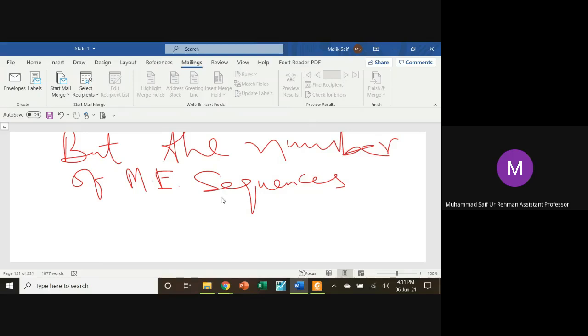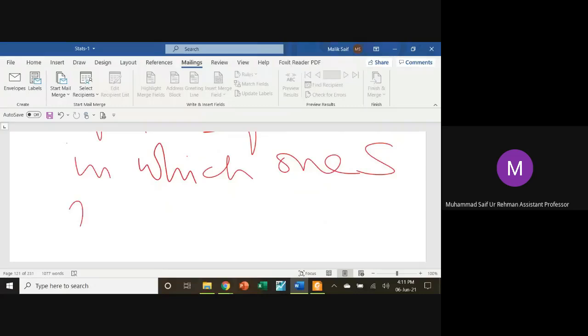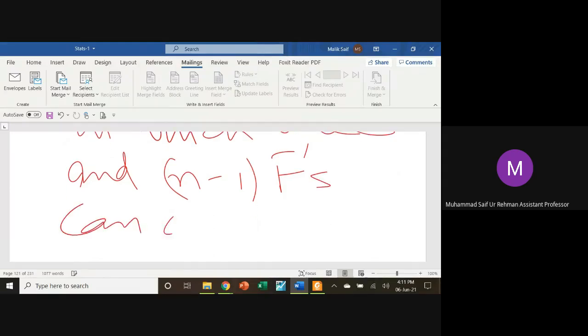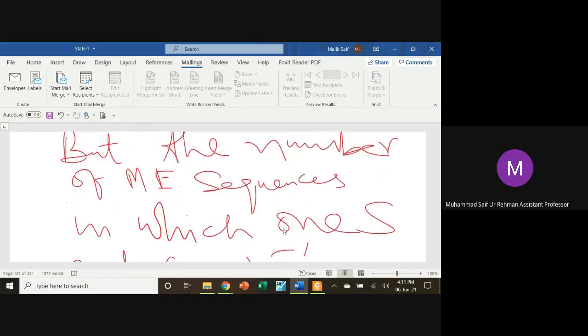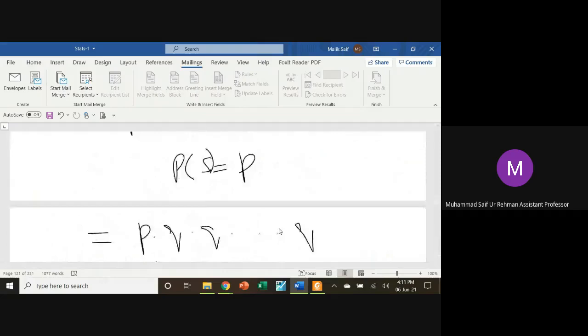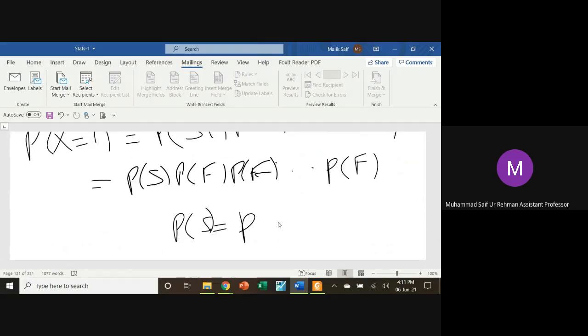But the number of mutually exclusive sequences in which one success, one S, and n minus 1 failures can occur. We are basically interested in how many ways this can occur, that success is there once and failures are there n minus 1 times.